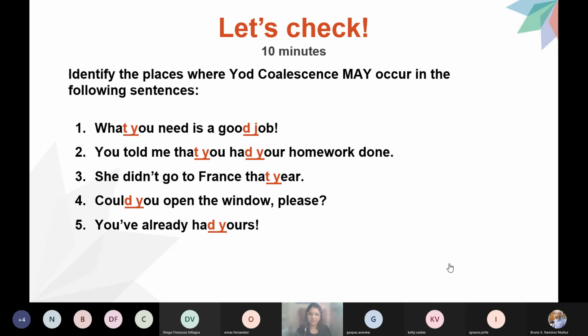Do you have any questions regarding yod coalescence? If and you, how can we pronounce that? It's normal, if you. Does it change, like with "if" and "you"?